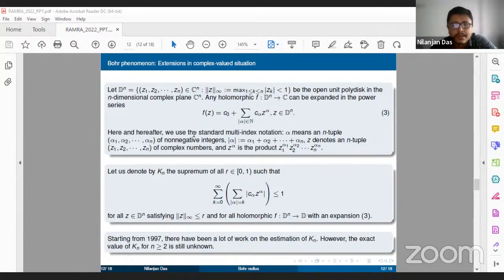Okay, so we need a notion of the Bohr phenomenon that can be extended in several ways. We are particularly taking the approach of Boas and Khavinson, which was the pioneering work in this direction.